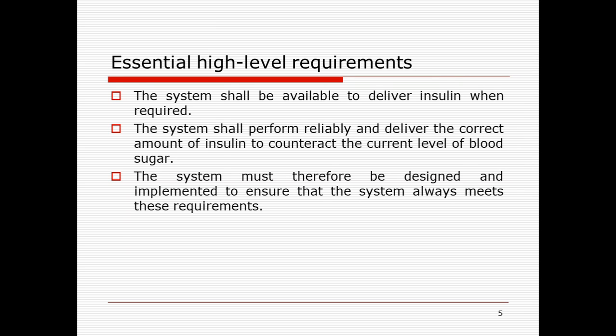If it miscalculates, then it will have an adverse effect on the patient's body. It has to be very, very accurate, so it has to be very reliable in this sense. So this is how the system needs to be designed.